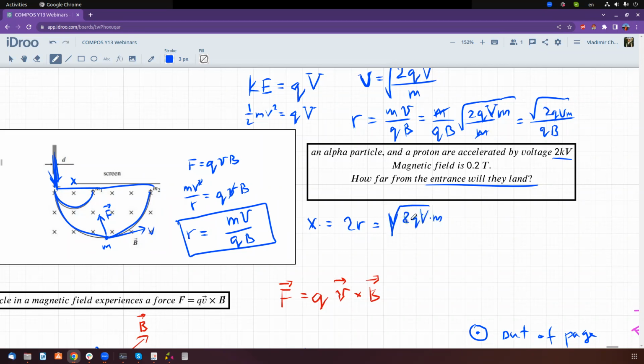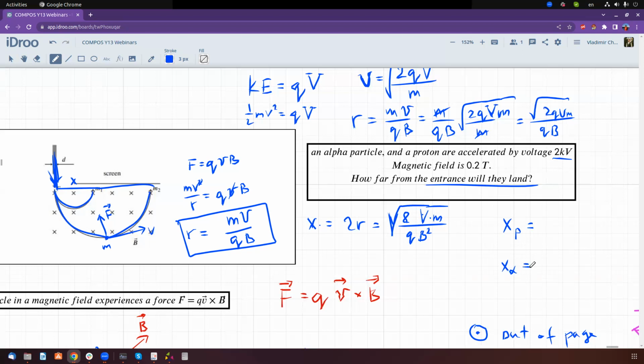Oh, that's going to be 8 because of the 2 we multiplied by 2, 8 divided by q squared B, so qB squared, and there's no q here. 8Vm over qB squared. That's the distance from the entrance. So we find it for the proton, and we find it for the alpha particle.